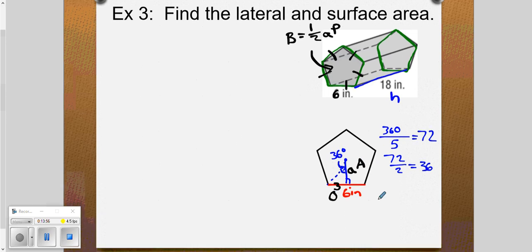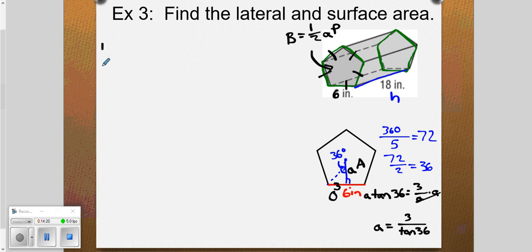So a little side work, I'm going to say the tangent of 36 equals 3 over A. Multiply by A, cancel, divide by that, so our apothem is 3 over tangent 36. And we are ready to go ahead and find everything we need now.